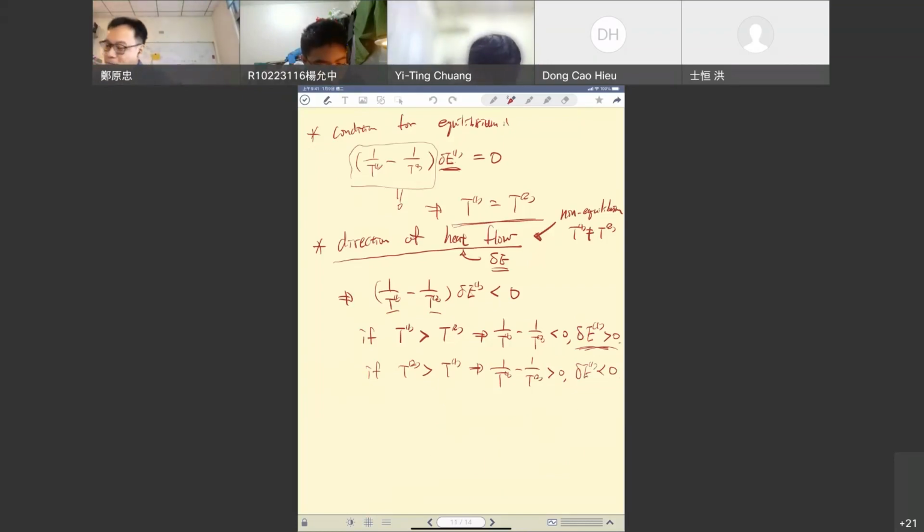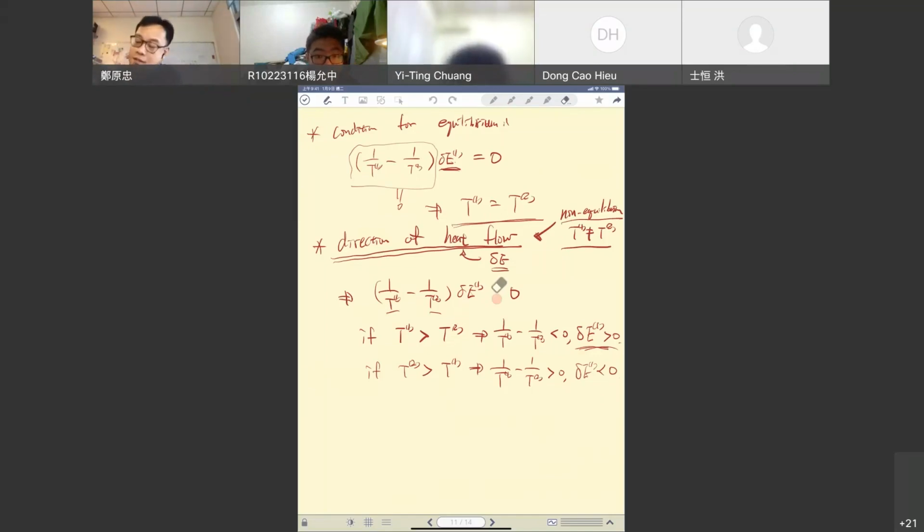If we start from a non-equilibrium state, T1 not equals to T2, what is the direction of heat flow? So I must define the question more carefully. Because now it starts from a non-equilibrium state, the maximum entropy principle says that the total entropy should increase instead of decrease.